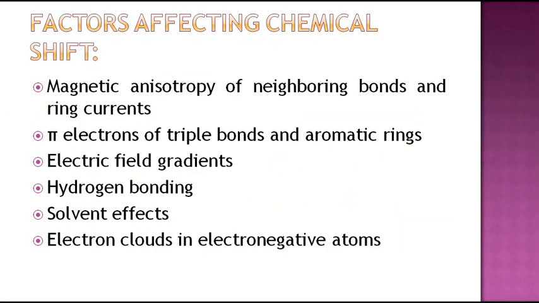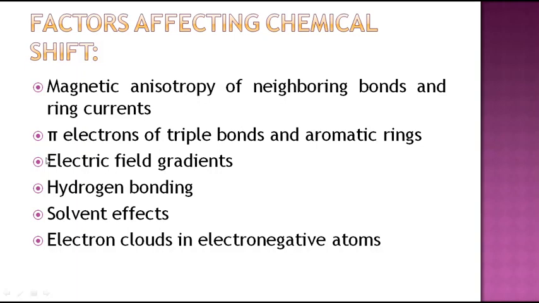Apart from that, what other factors? The magnetic field that we are keeping constant in an instrument will not affect, and the chemical environment in which the nucleus is present is the important factor that gives us structural information. The anisotropy of the magnetic field by the neighboring bonds or ring currents will affect the chemical shift value, and also pi electron clouds, triple bonds and aromatic rings.